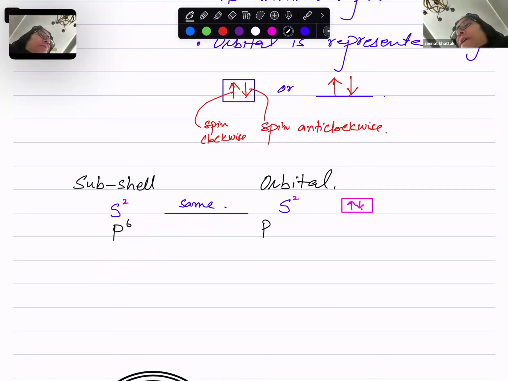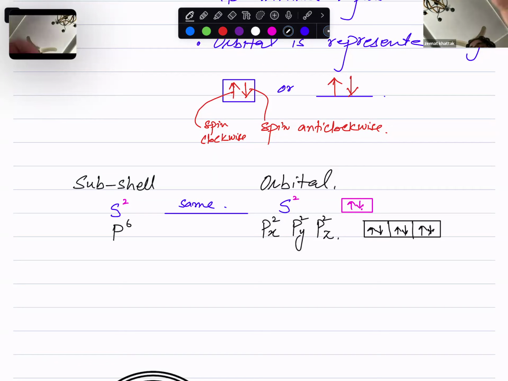One is called px along the x-axis, one is py along the y-axis, and pz. They're the same thing, but one is along x, one along y, one along z. So it has 3 orientations. We will represent this by 3 boxes.